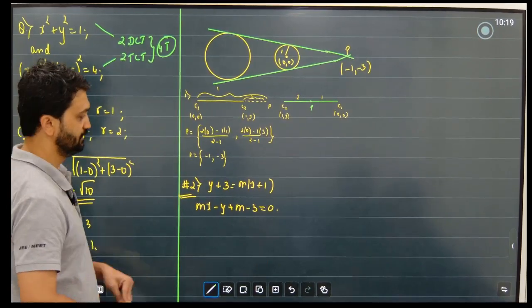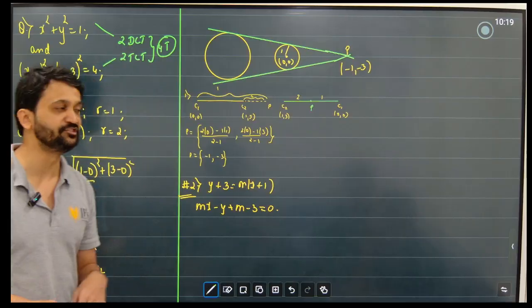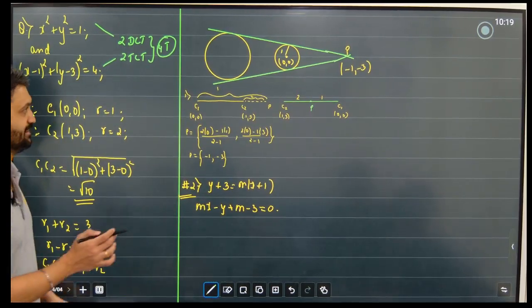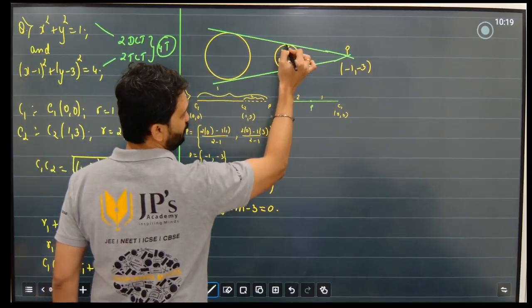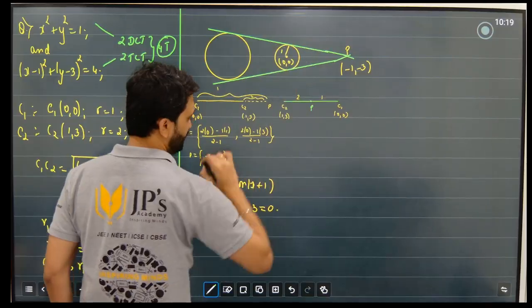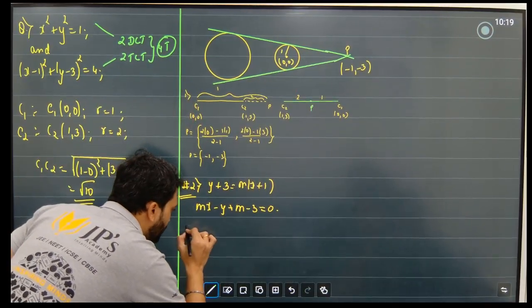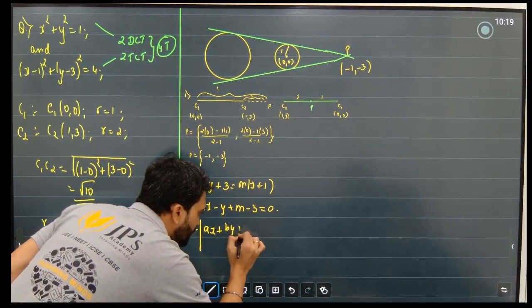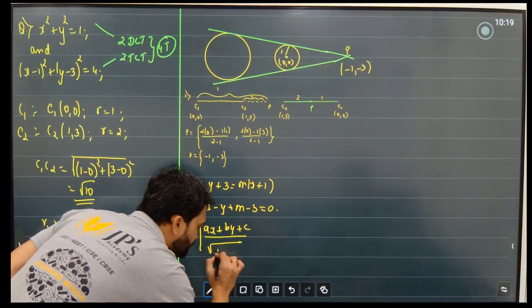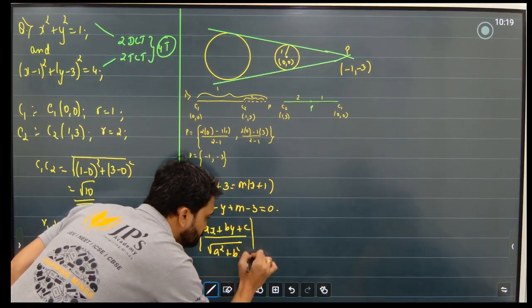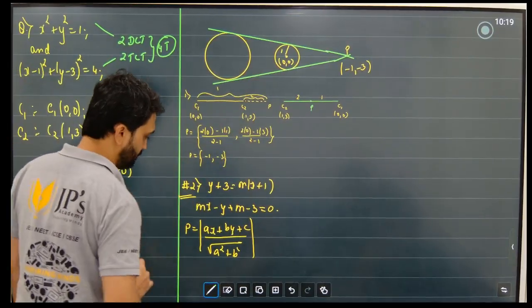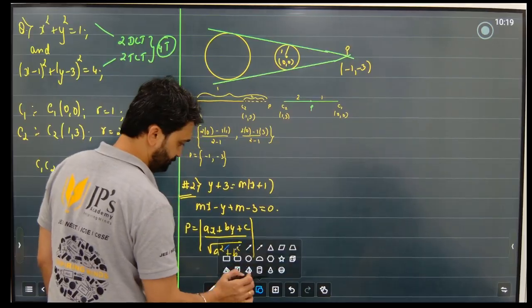So this is the equation of the tangent. Since this is the equation of tangent, I have the line ka equation, so I'll use the perpendicular distance ka formula, which is ax plus by plus c upon under root of a square plus b square, which is nothing but r.